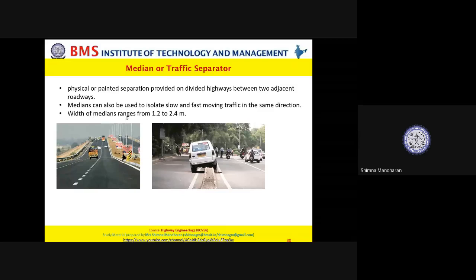It can also be used to isolate slow or fast-moving traffic. The main functions are to segregate the slow traffic, then to protect the pedestrians. So here the pedestrians can move along this direction, right? Then you can channelize the traffic at any intersection. The width of a median usually ranges from 1.8 to 2.4 meters.